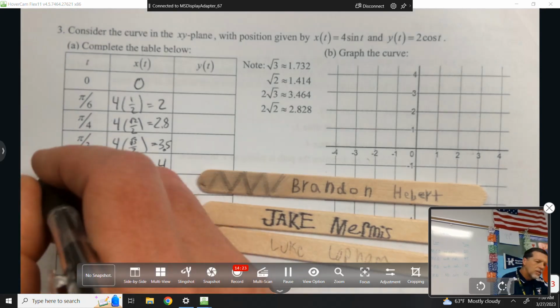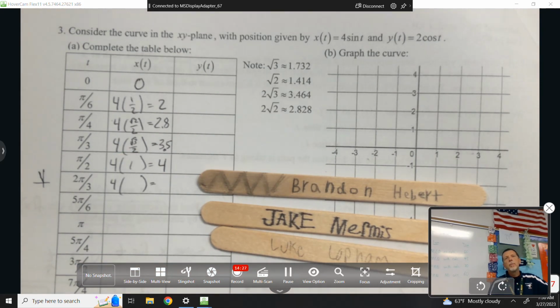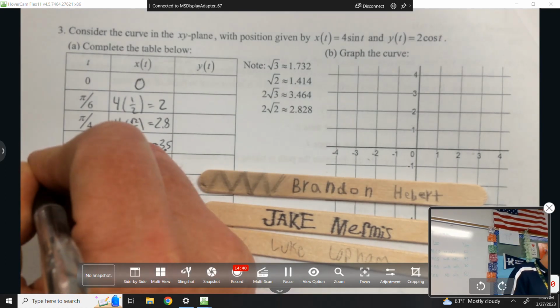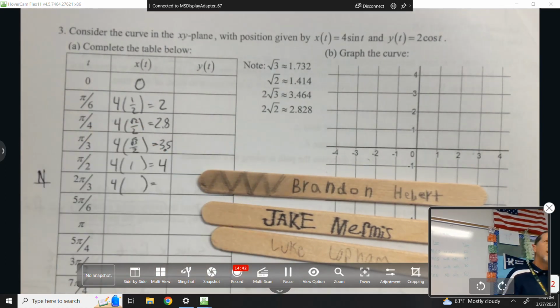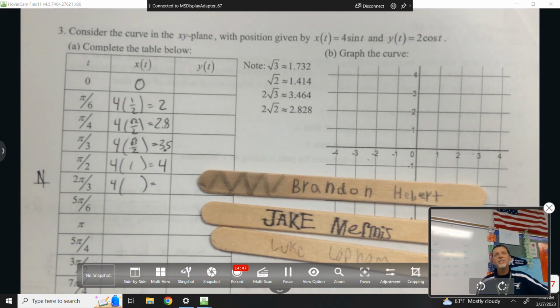See, 2 pi over 3 would be like right there. Sine means the y coordinate of that spot. The y coordinate is the long side. How long is the long side on the unit circle?